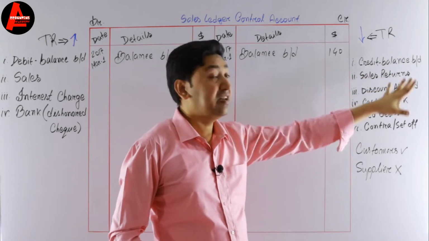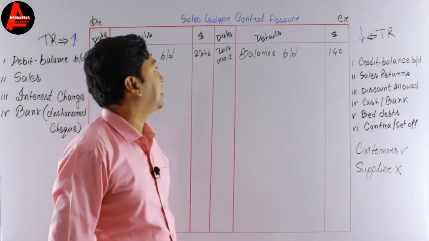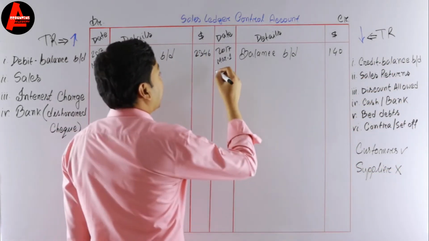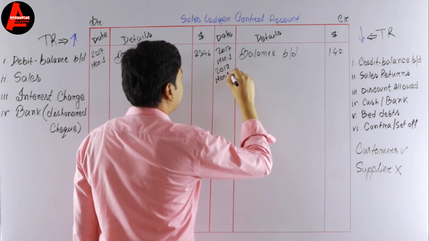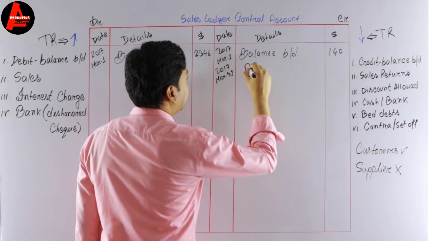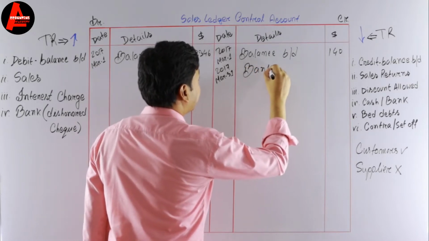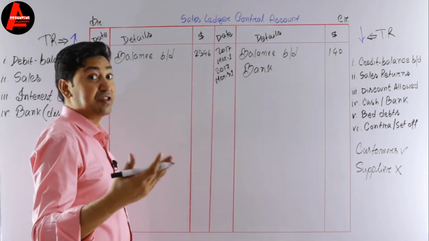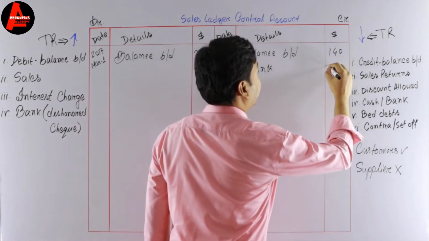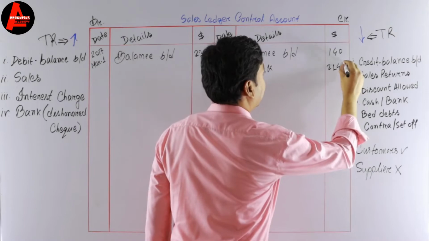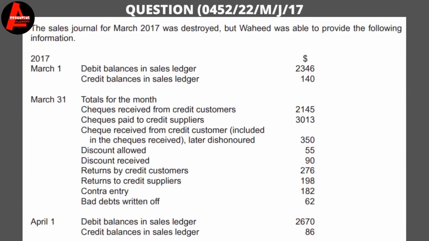I told you only these items come in the sales ledger control account. So let us write 2017 March 31st, bank. Receiving money by cheque means you received money by bank, 2145. So we finished the first transaction.